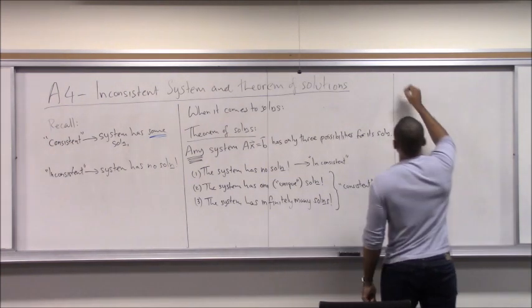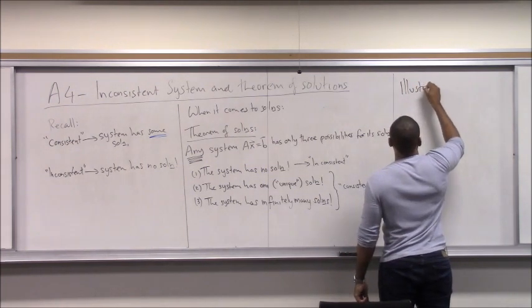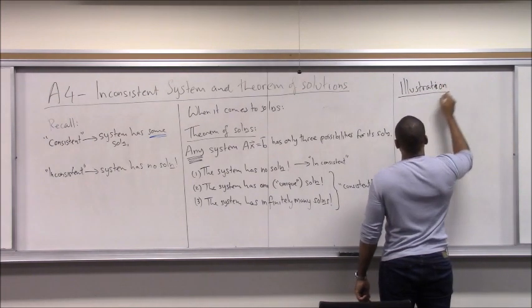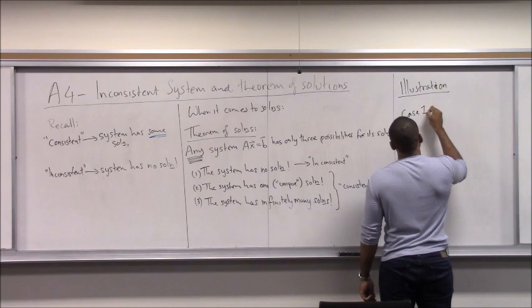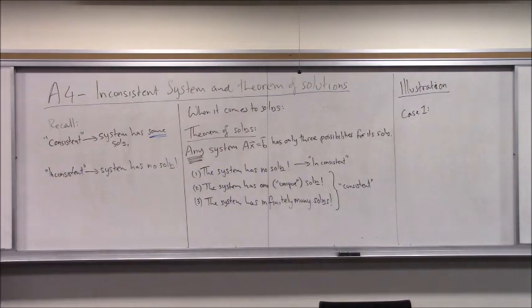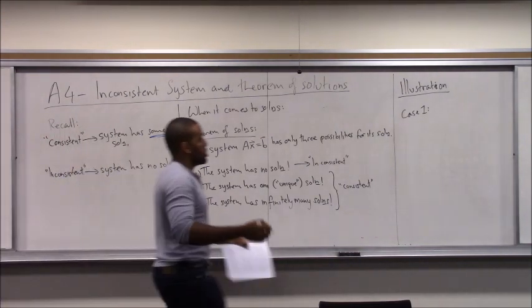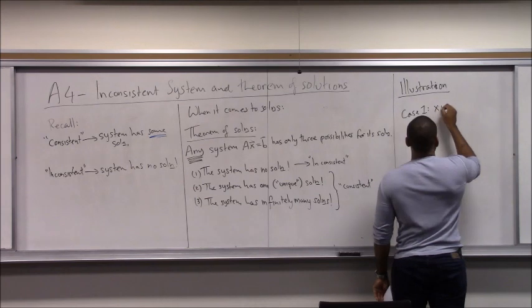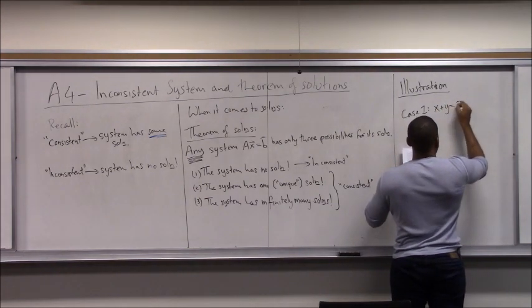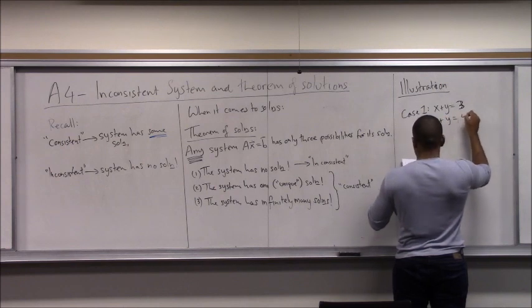So let me actually illustrate. Let's look at case 1. I already came up with some in the handouts. So here's a system with no solution. Here you have x plus y equals 3, and x plus y equals 4.